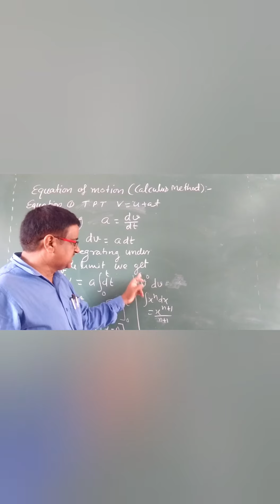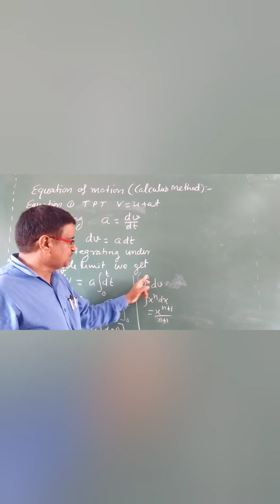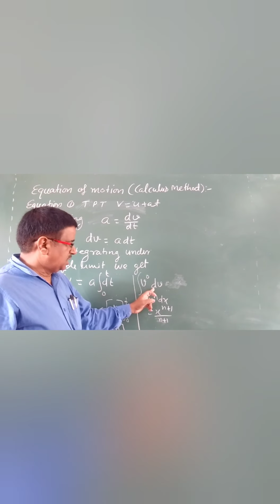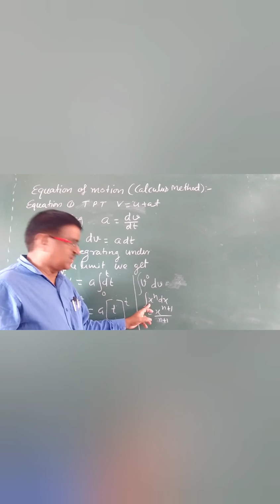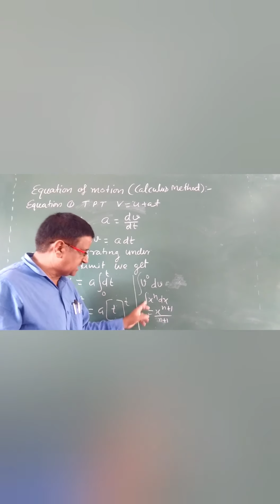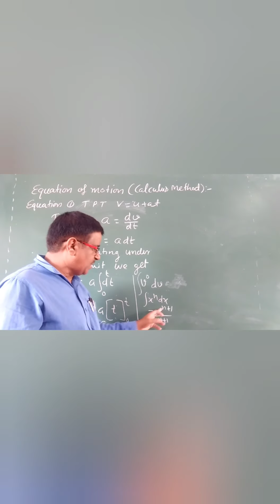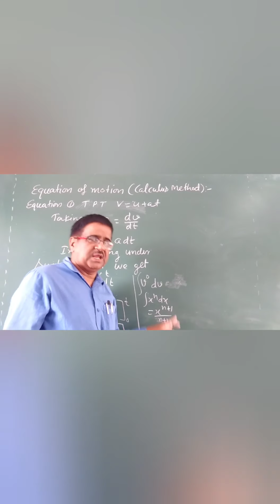Here v to the power 0 means 1, integration of dv means v to the power 0 into dv. To integrate it, we will use this equation: integration of x to the power n dx is equal to x to the power n plus 1 divided by n plus 1. So this formula is used here.